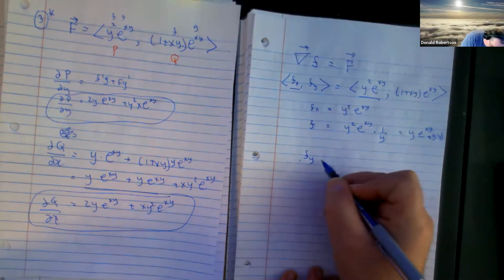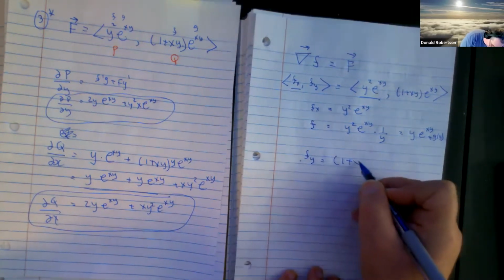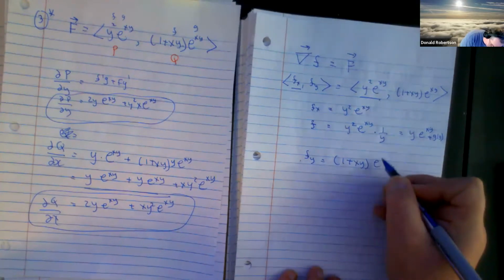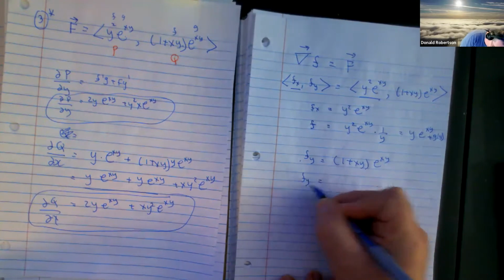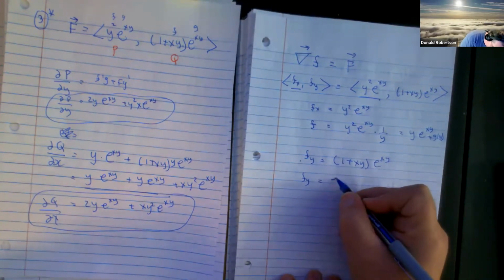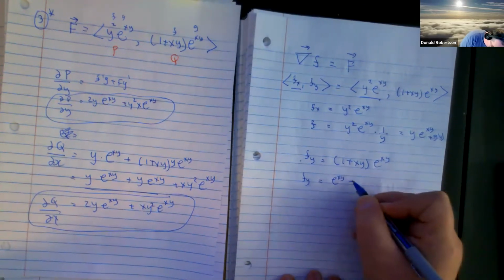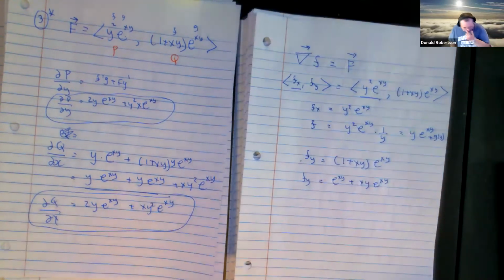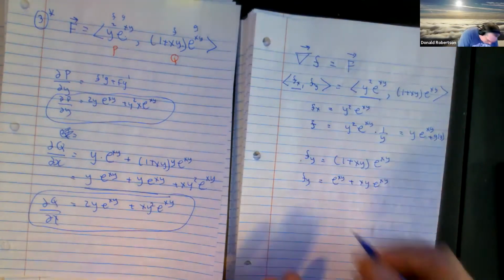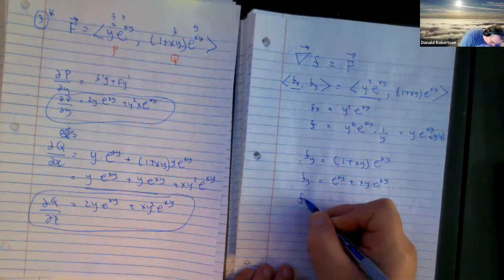Match up the second one. And I'm going to rewrite this guy as e to the xy plus xy e to the xy. And now I'm going to try and integrate it.